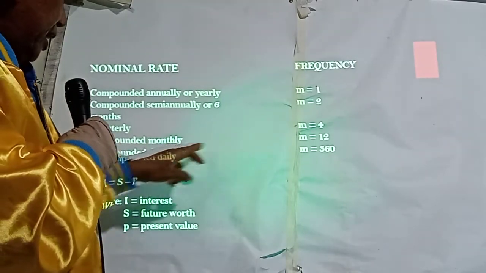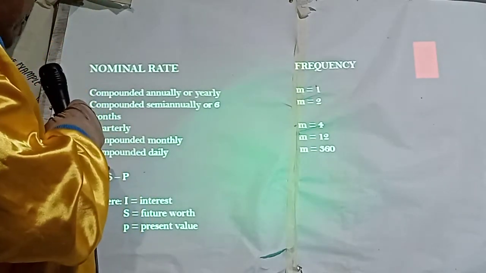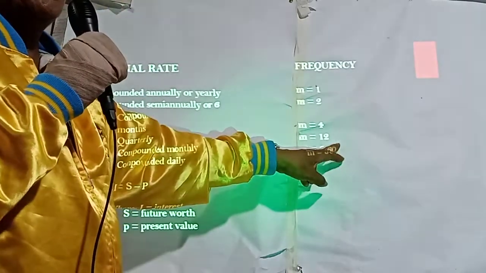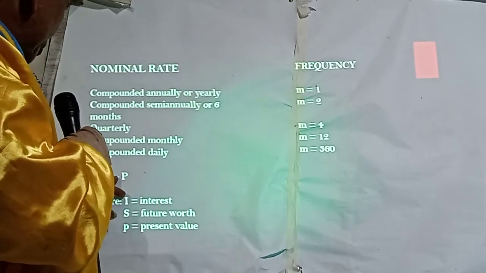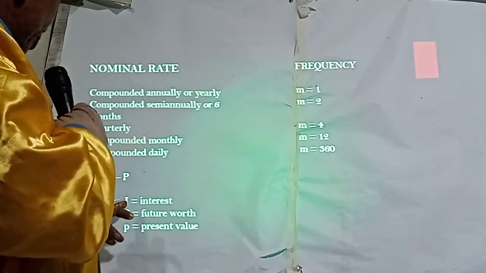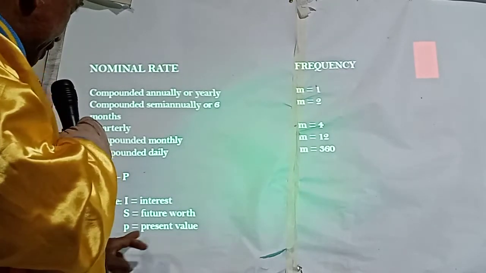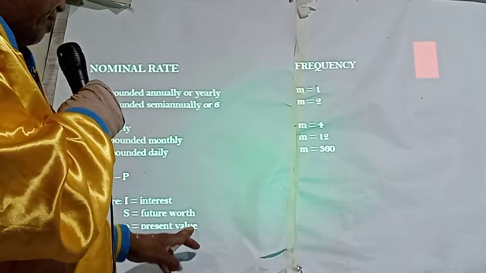Compounded monthly, M is 12 months. Then, compounded daily, we have 360 days. Where I is future amount minus the principal. Where I is the interest, S future worth, P is the present value. Now, let's proceed to the example.